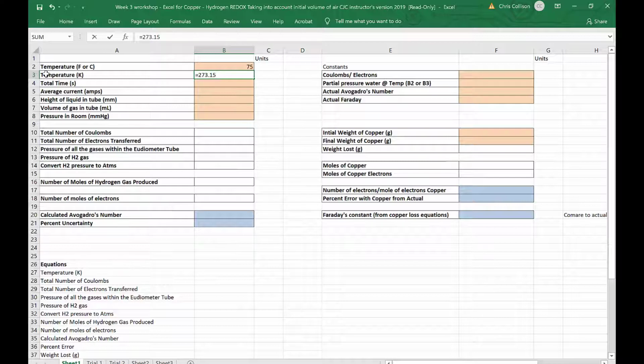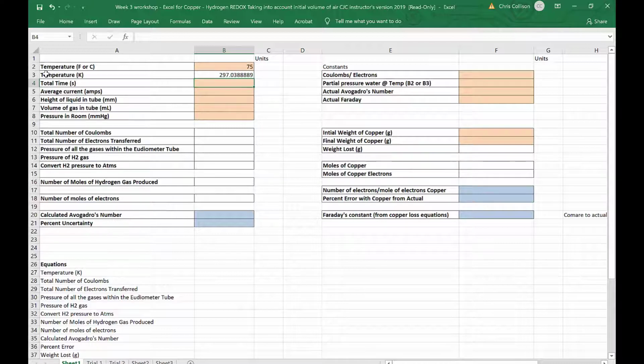And then I'm going to add to this B2, so the cell B2, which is our temperature in Fahrenheit, minus 32, and then to convert B2 into Celsius we're going to multiply this number by 5 divided by 9. There's the conversion into Celsius and then the conversion into Kelvin.